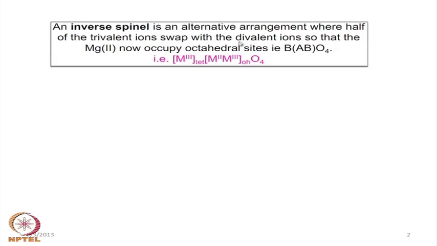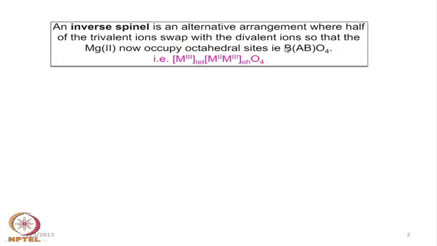So, this is a different, or alternative, arrangement where 50%, that means half of the trivalent ions, swap with the divalent ions, so that the magnesium 2 plus now occupies octahedral sites in a B(AB)O4 arrangement.